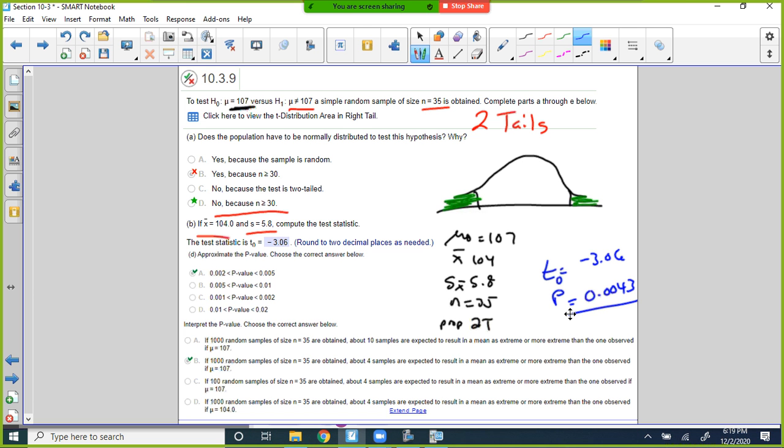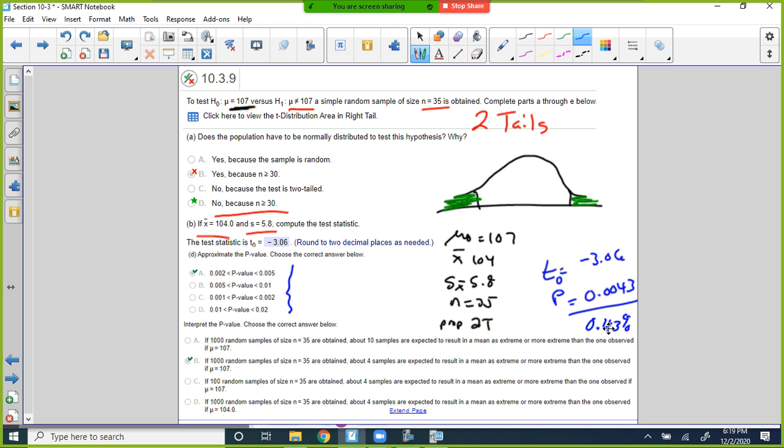Okay, so this right here is going to help make sense. I told you p is the probability, right? So they said, hey, is the p-value between these? So you've got to pick which one of these it's between, right? You've got your t sub 0 right there. But down here, notice that if you looked at this, it would be 0.43%.